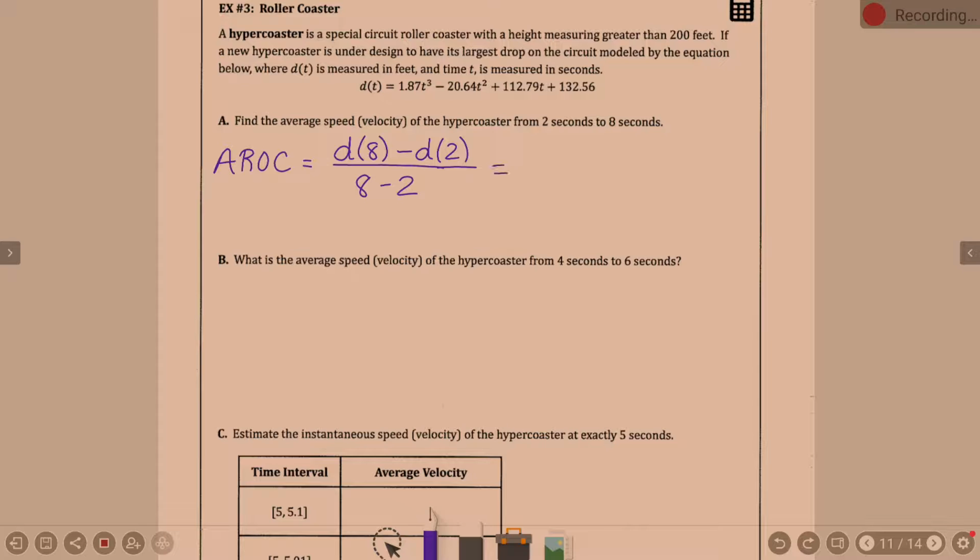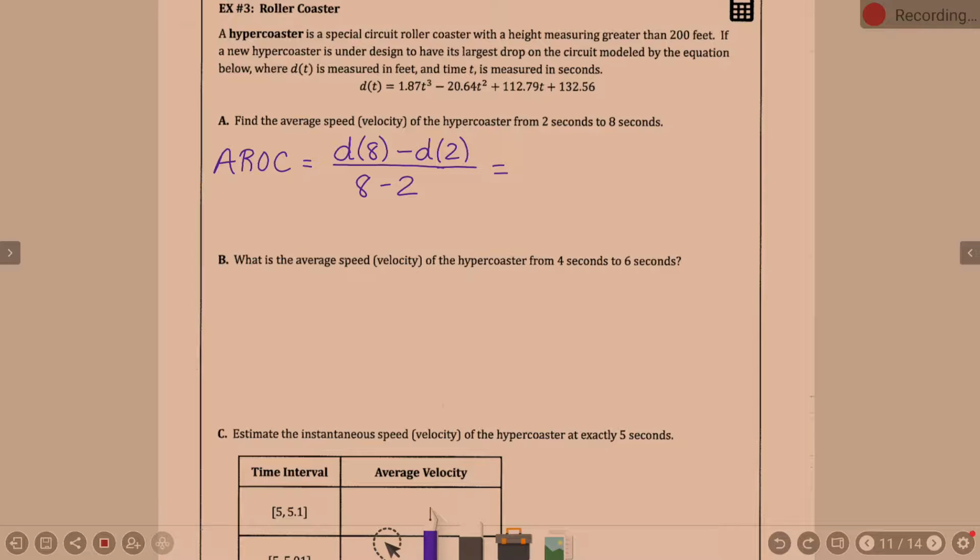So if you haven't already typed that equation in, by all means, type it in. You can make it Y1. You can make it Y2. You can make it Y whatever floats your boat there. Okay, so go back to your regular screen if you haven't already.